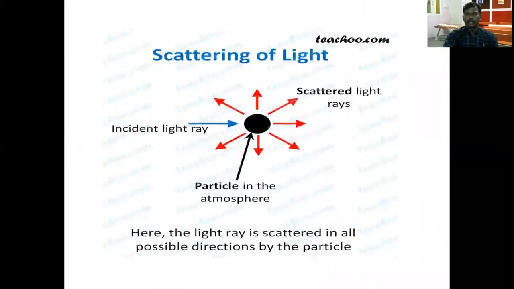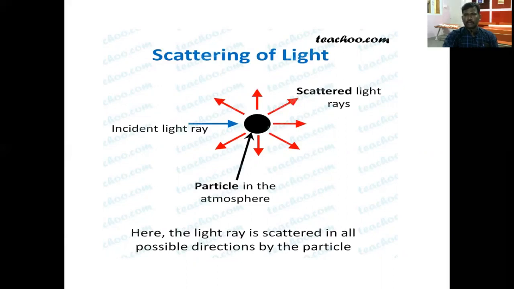And scattering of light. In the daytime the sky appears blue, and at sunset and sunrise time it appears reddish. And the astronaut feels that the color of the sky is black. All these things can be explained with the help of the scattering of light.